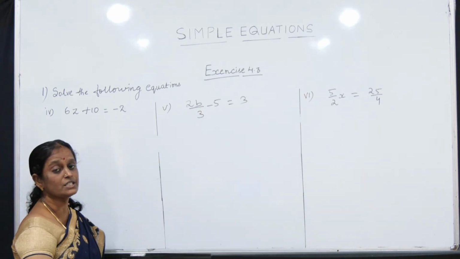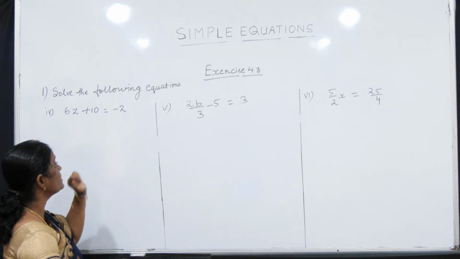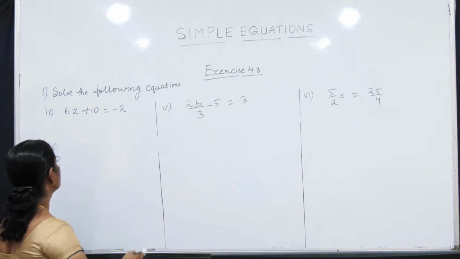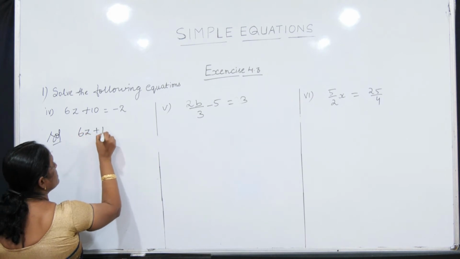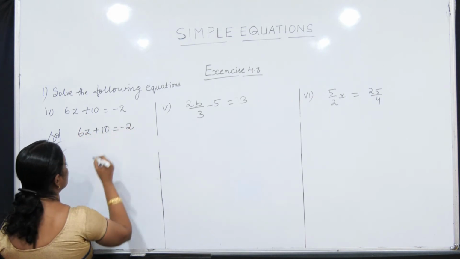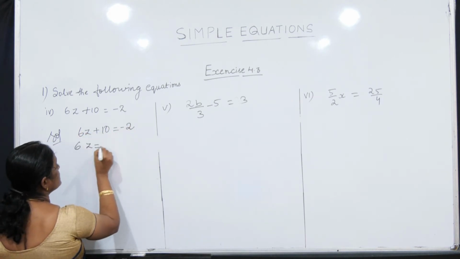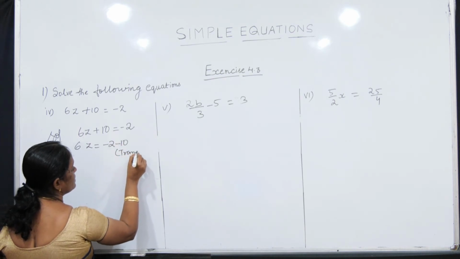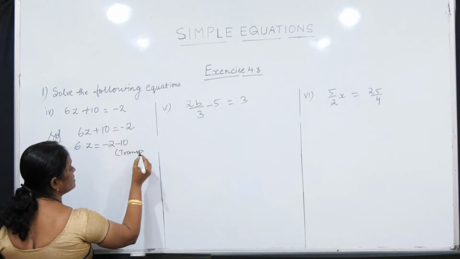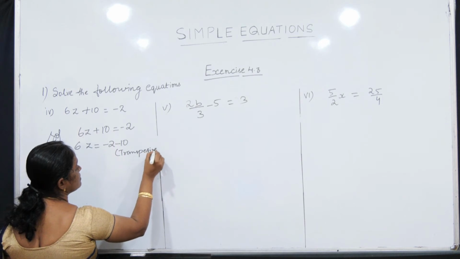Now students, the next equation is 6z plus 10 is equal to minus 2. Here 6z is equal to minus 2 minus 10. We have transposed plus 10 to the RHS.